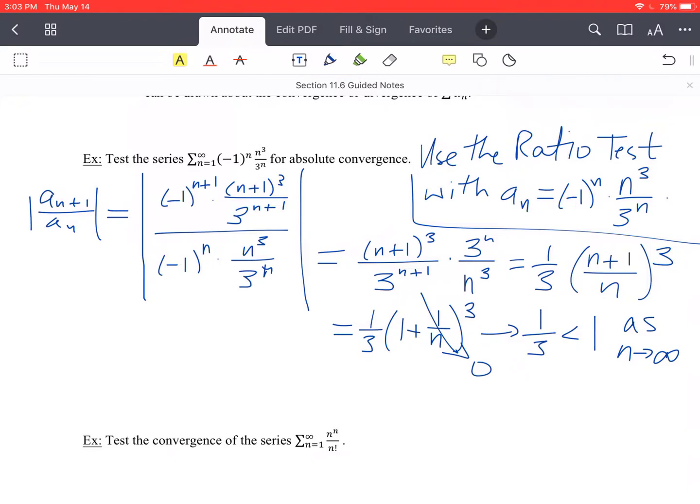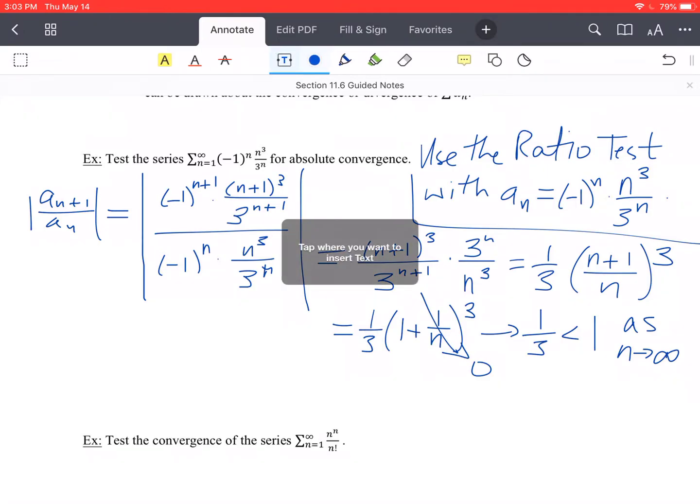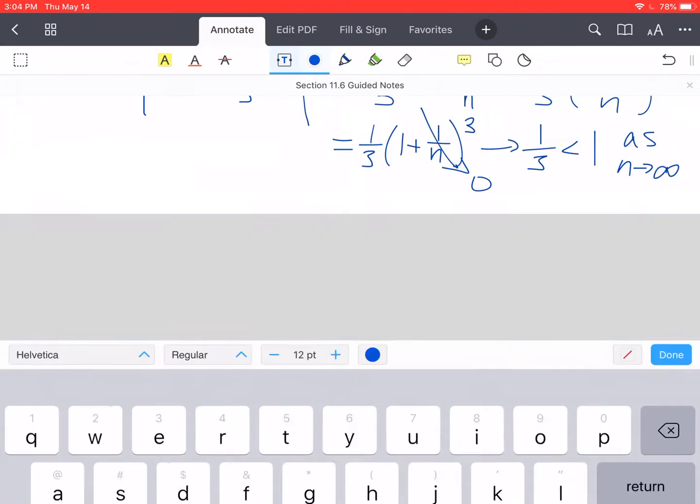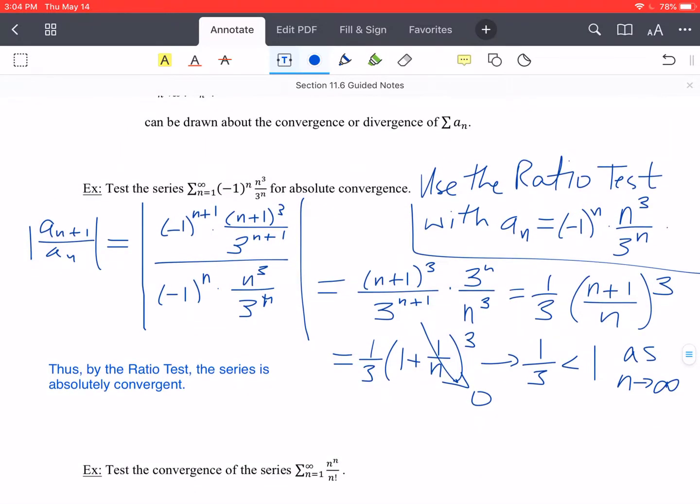So our ratio, we took the limit of that ratio and got 1/3, which is a value less than 1. So, thus, by the ratio test, the series is absolutely convergent. So we got that it is absolutely convergent.